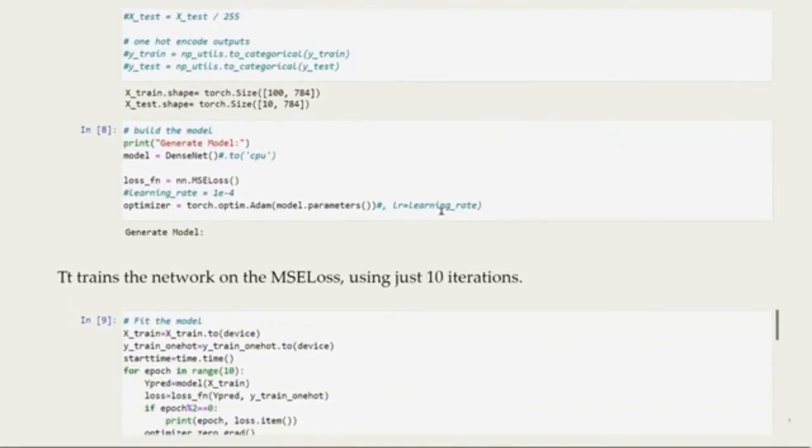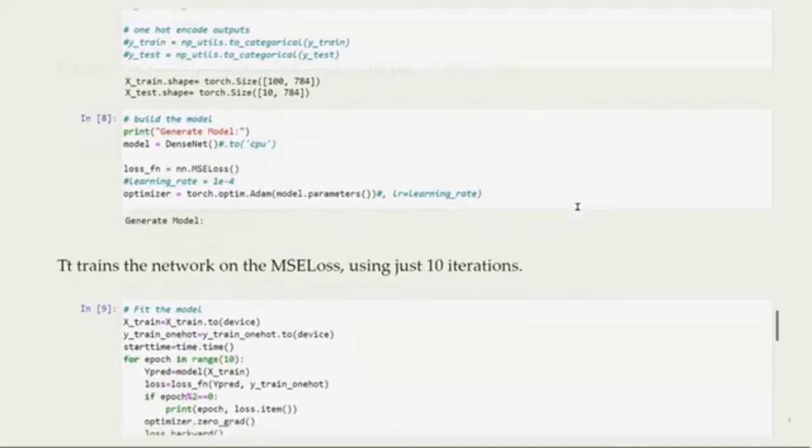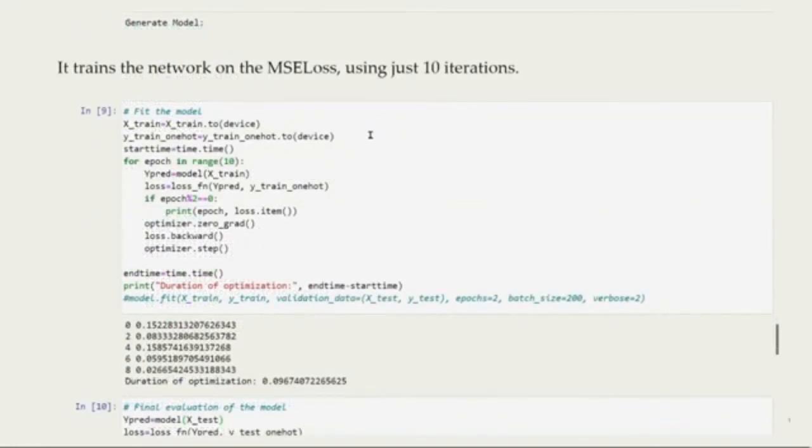Here we are defining our model using the network structure that we previously defined. Now we are using the mean squared error loss, and for the optimizer we still use the ADAM optimizer. At this point we are training the network on the mean squared error loss using just 10 iterations like we did before.